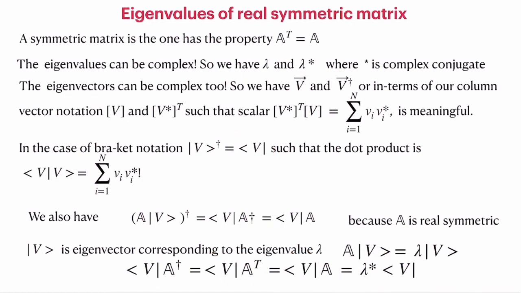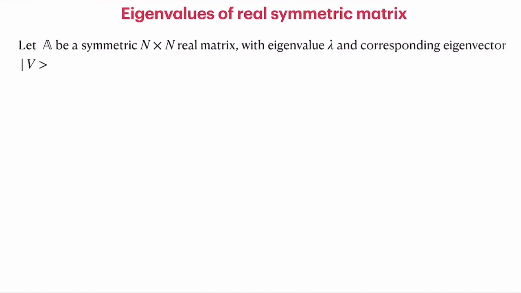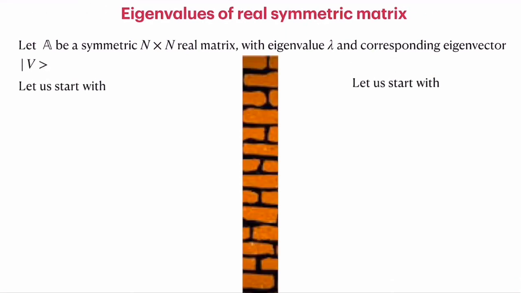So let's go ahead and see the eigenvalues of a real symmetric matrix. Let A be a symmetric n cross n real matrix with eigenvalue lambda and corresponding eigenvector V. Now let's do our calculation separately across the wall with two expressions, and see what happens.